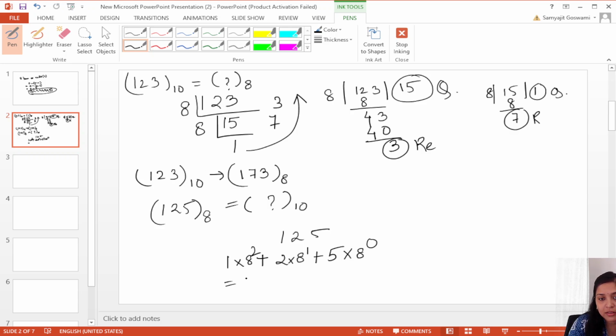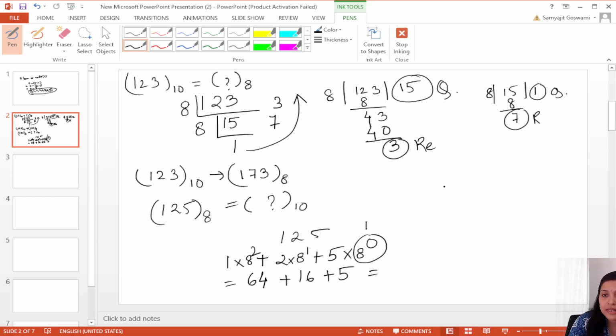So 8 into 8 is 64, plus 16, plus 8 to the power 0 means 1, times 5. Total you have to find out.